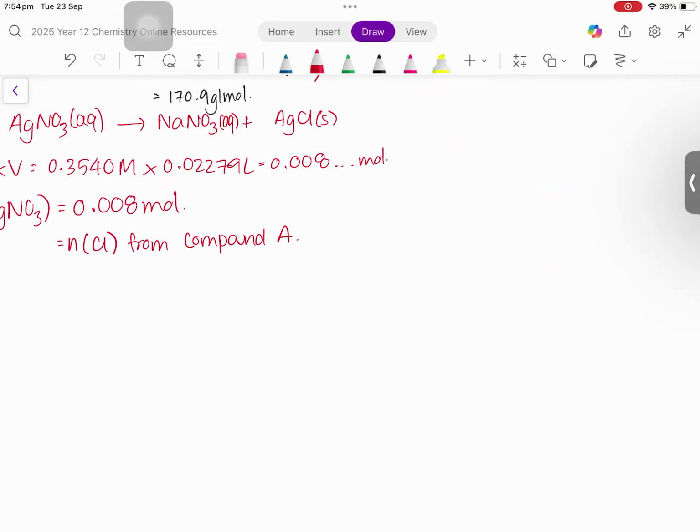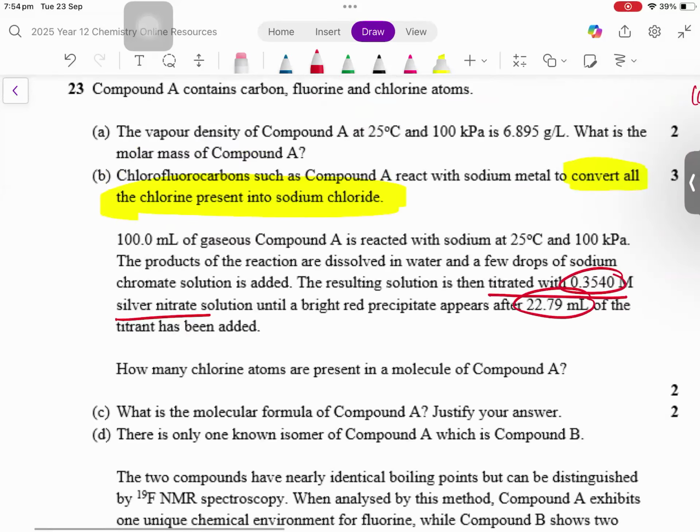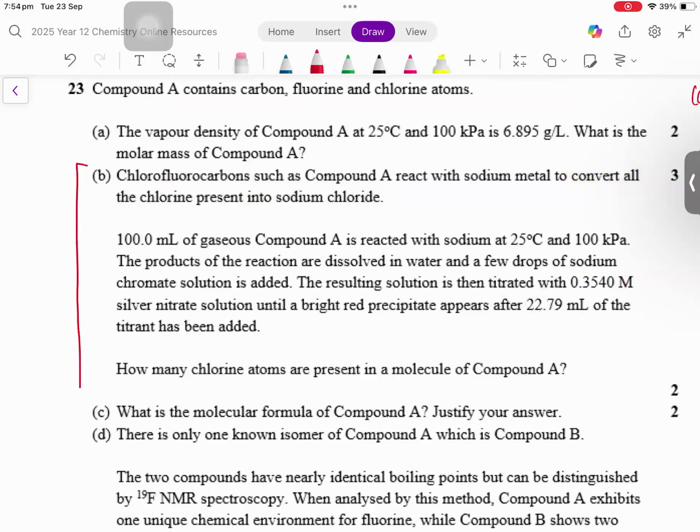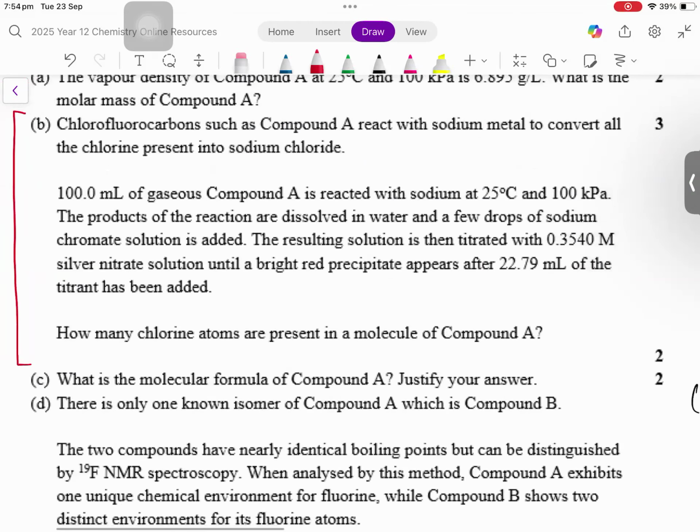Which has to do with ratios. Okay, guys, read the question again. Any numbers that I haven't used up? Part B. The 100 mils. 100 mils of gaseous compound A. What else?